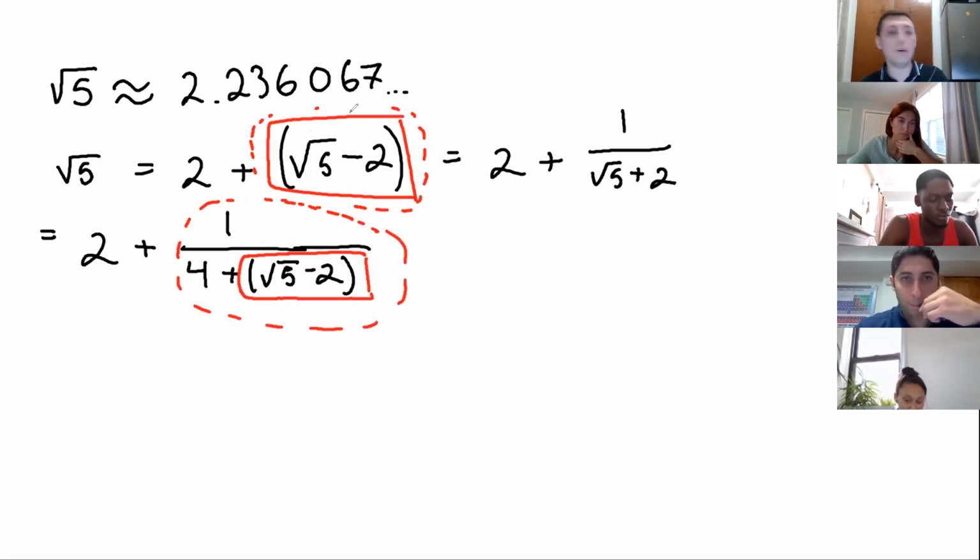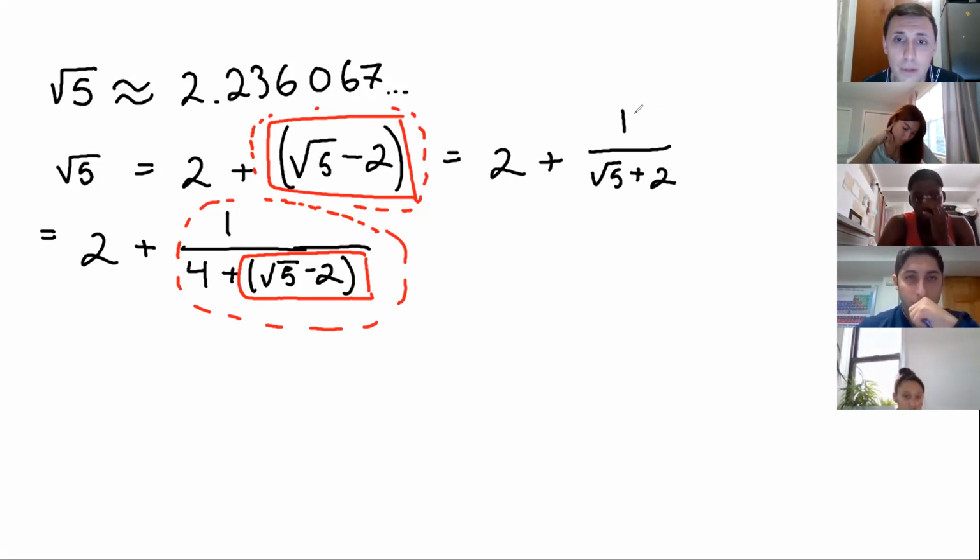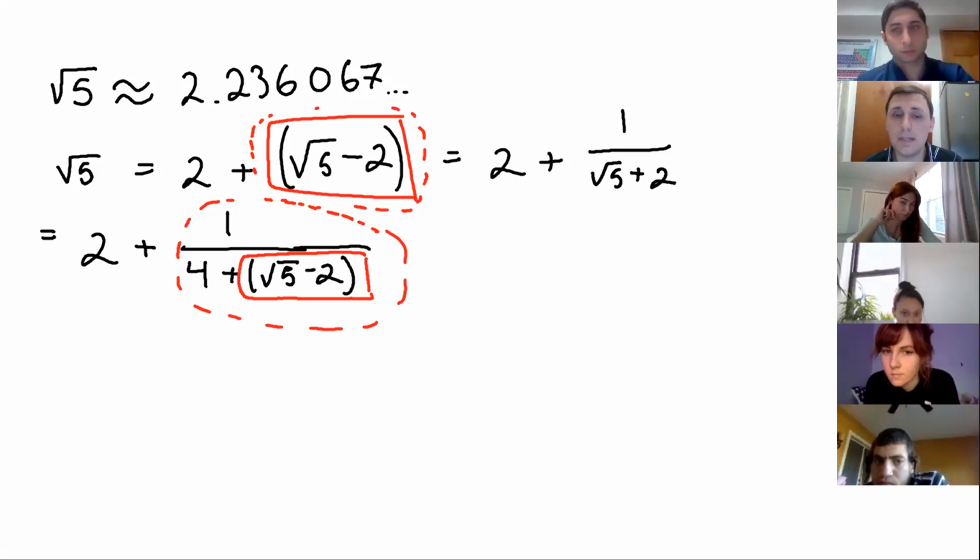So this process is that I replace this red box by 1 over 4 plus this expression, which I also replace by 1 over 4 plus that expression. How did I get 4 in the denominator? Look at it. Do you see root 5 plus 2? Root 5 plus 2. Everybody sees up to the point of root 5 plus 2, guys.